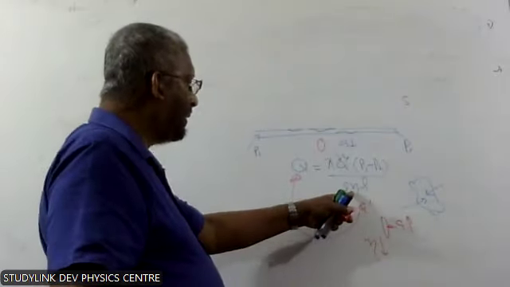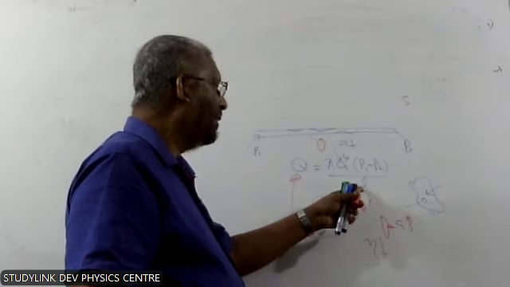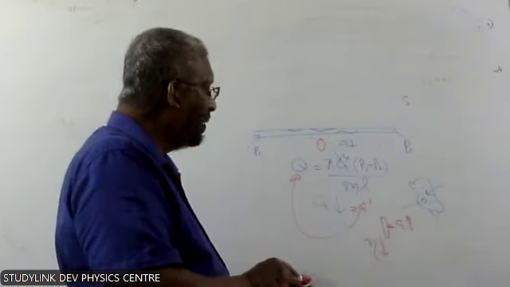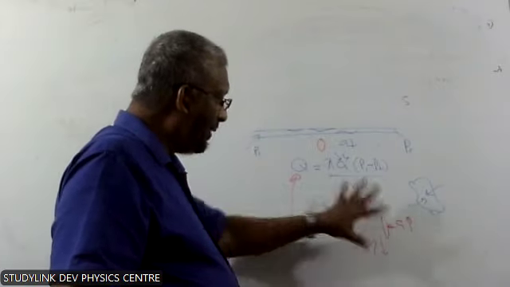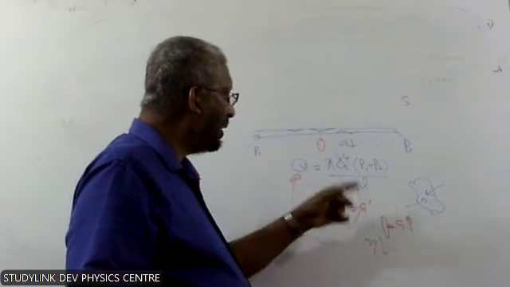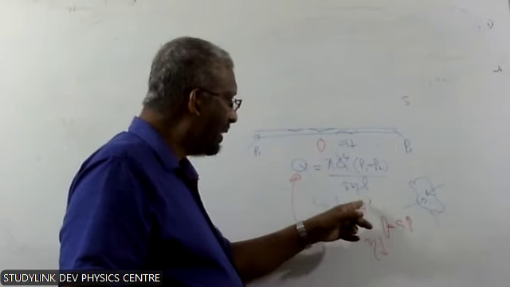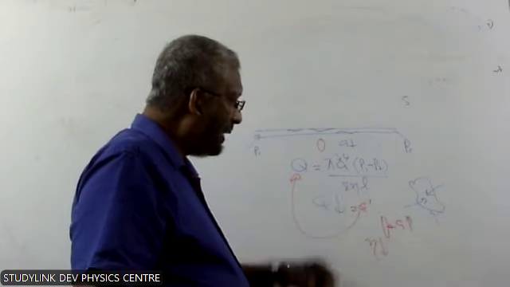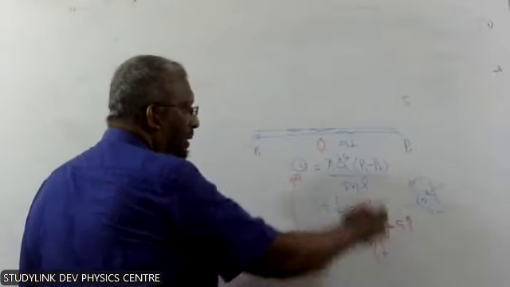Then this value decreases and the Q value increases. We can't change the length. We can't change the pressure at the two ends. So therefore, the doctors use different drugs: one drug for this, another drug to reduce the eta. So two drugs are used there.